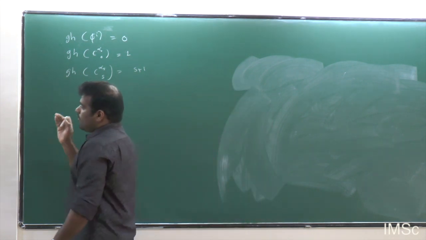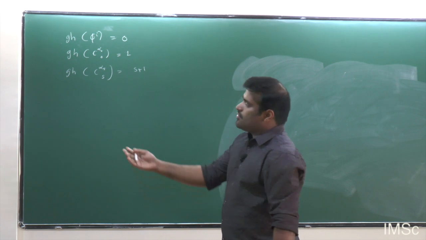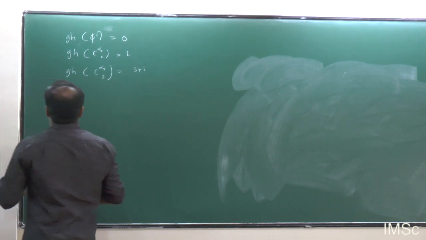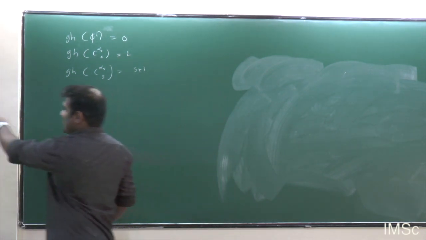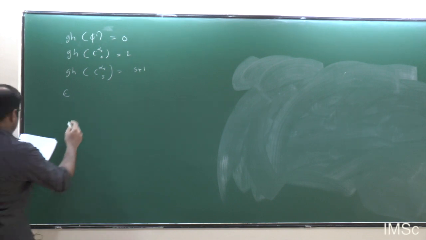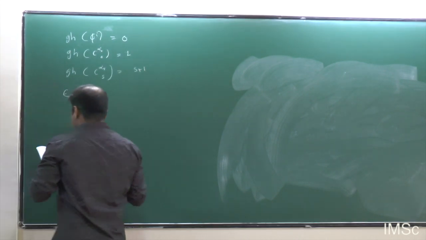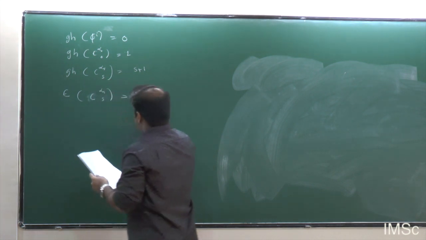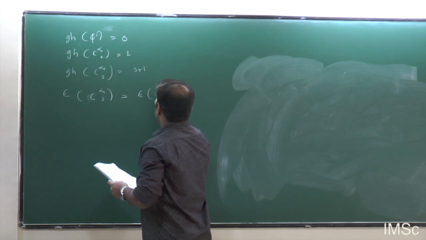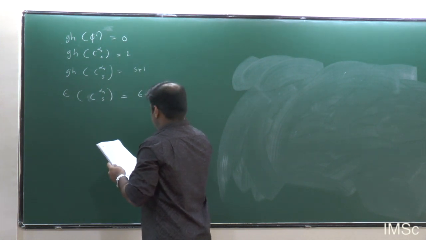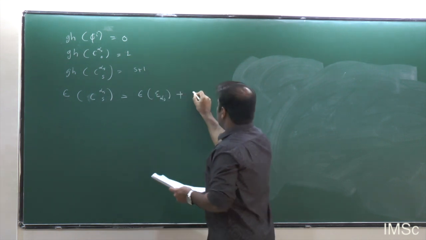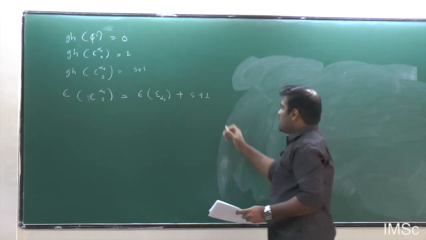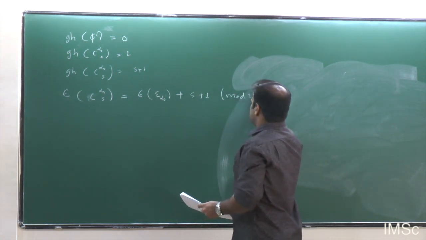Then you have to tell what is the parity of each field and ghost field. Parity I denote by epsilon, which is a different notation. The parity of C^{alpha_s}_s is given by the parity of the gauge parameter at the s stage plus s plus 1, and since it's parity, you take the mod 2.